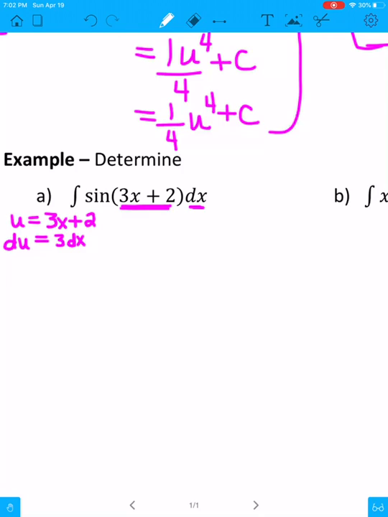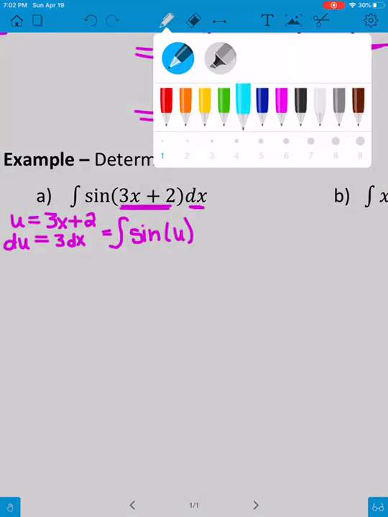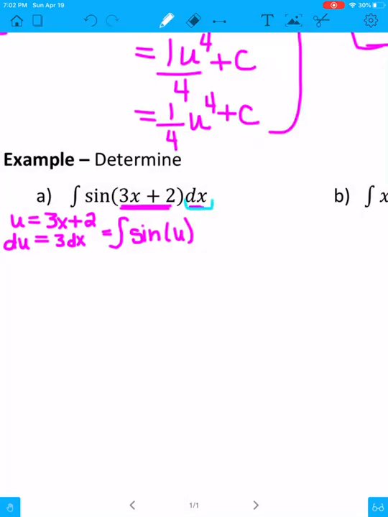Okay. So I need to replace. So I'm going to get sine of u. And now I need to replace dx. Wait, I don't have dx. I have 3 dx. So I need to get dx by itself. So how do I get dx by itself so I can replace it? Well, I'm going to divide by 3.